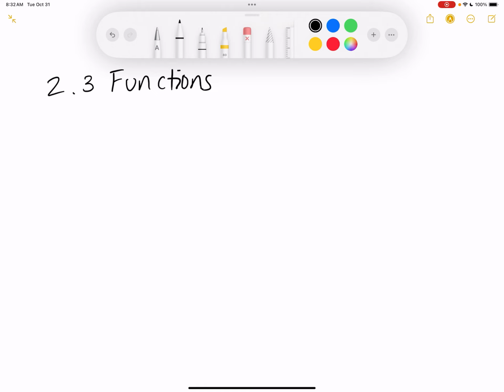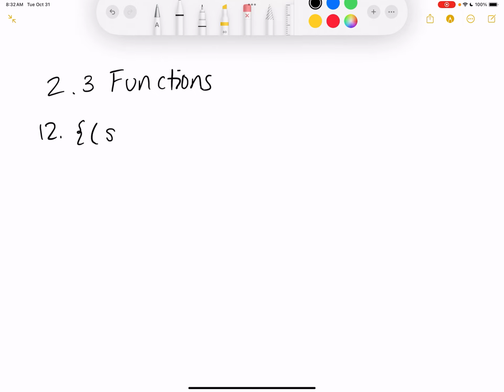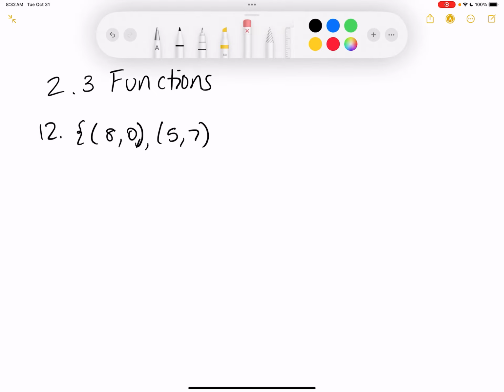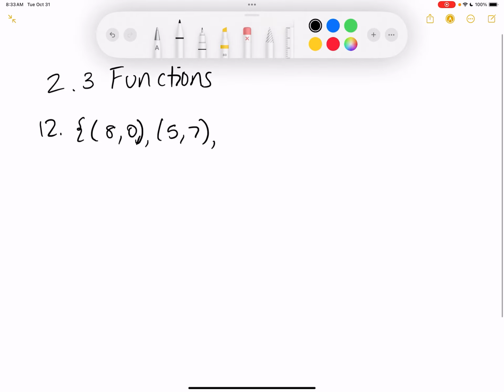There are different ways we can do that, but they give us the relation, the set of ordered pairs: (8, 0), (5, 7), (9, 3), and (3, 8).